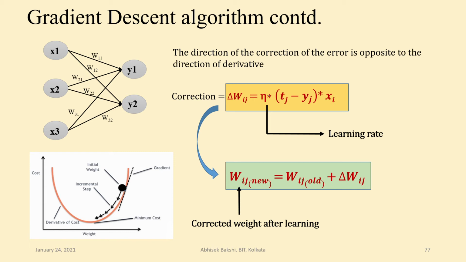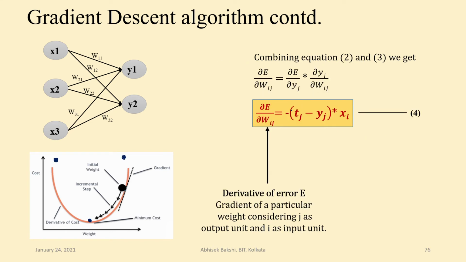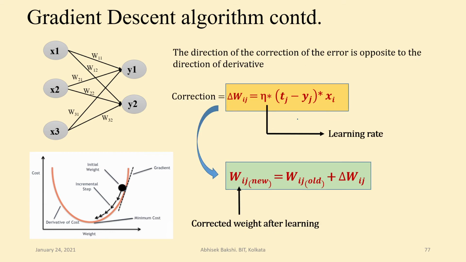However, see here one thing is not present: the negative sign. In the previous equation we had a negative sign over here, which has vanished. The reason is that since you are going downwards against your gradient, your direction should be negative.